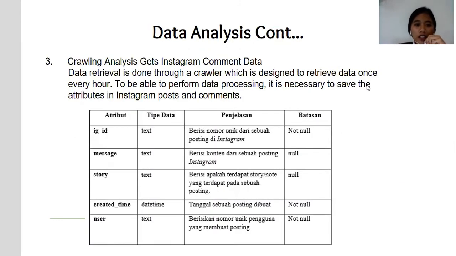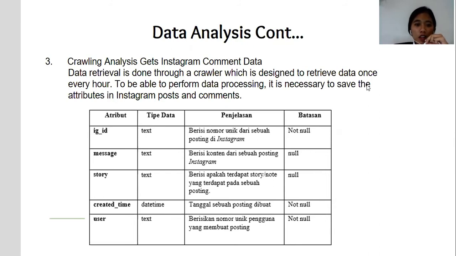Crawling analysis gets Instagram comment data. Data retrieval is done through a crawler which is designed to retrieve data once every hour. To be able to perform data processing, it's necessary to save the attributes in Instagram posts and comments.